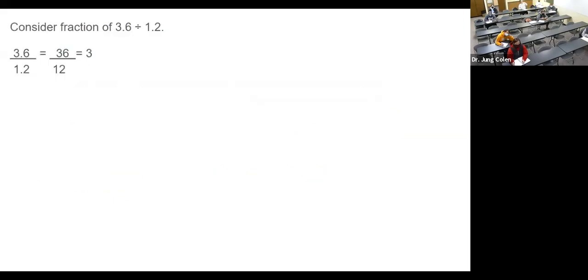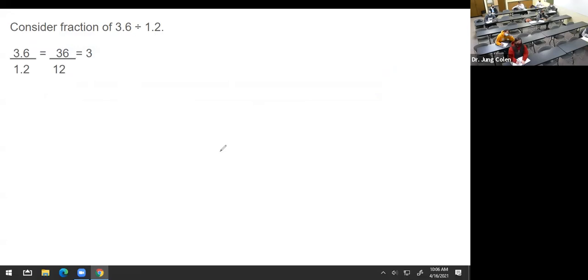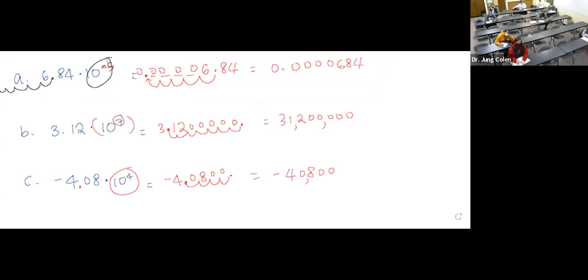We are almost done with this, and let's consider the division of decimals. Previously, we talked about multiplication with decimal numbers. So for example, if we are doing 3.6 times 1.2, what did we do? We pretended these are just whole numbers, right?